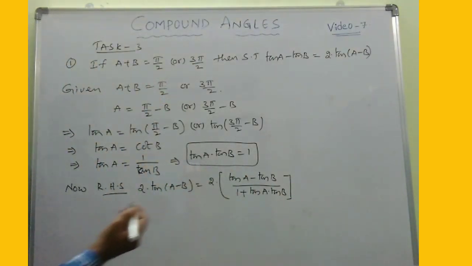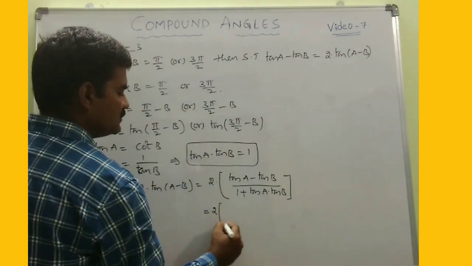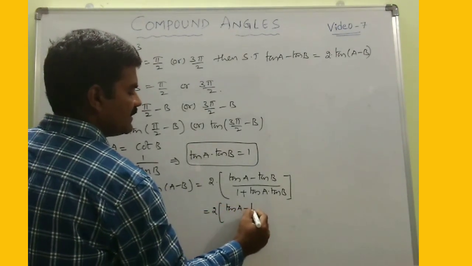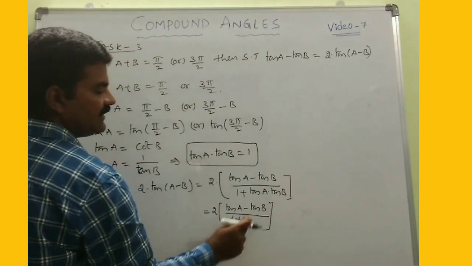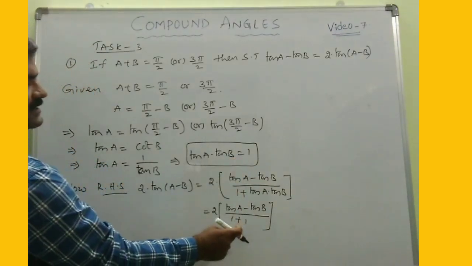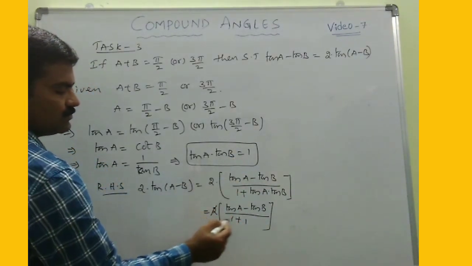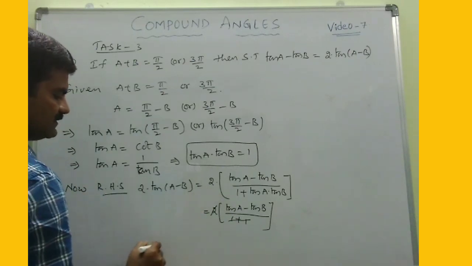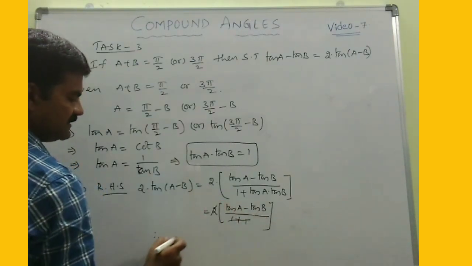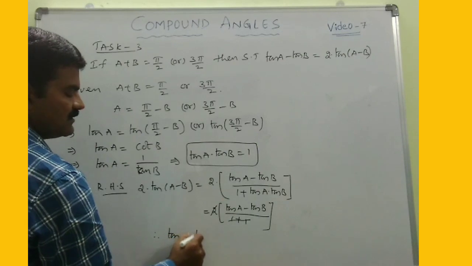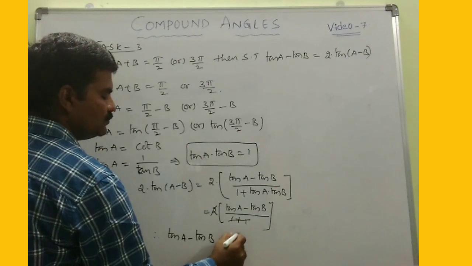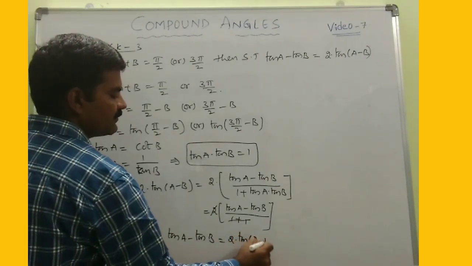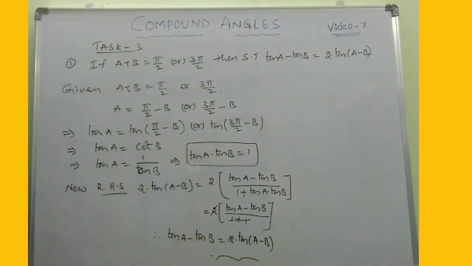So this is equals to 2 into tan a minus tan b by 1 plus 1, since tan a into tan b is equals to 1, as we just proved. Now this is 2, and 1 plus 1 also 2, getting cancelled. Therefore, this part is nothing but tan a minus tan b, which is equals to 2 into tan of a minus b. Hence proved.